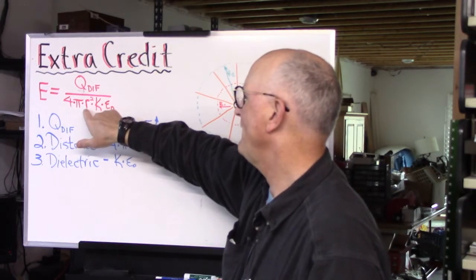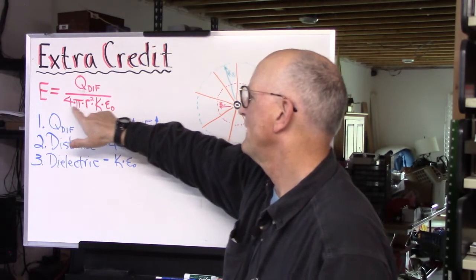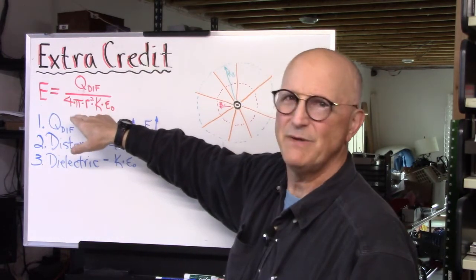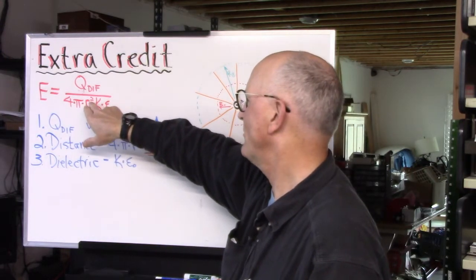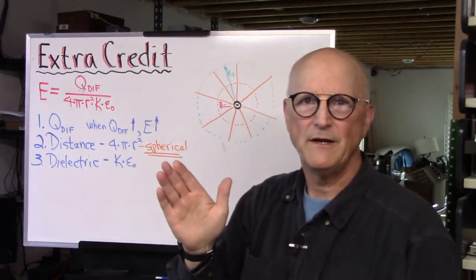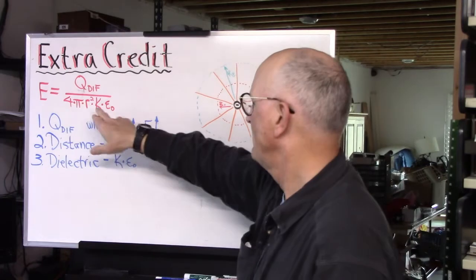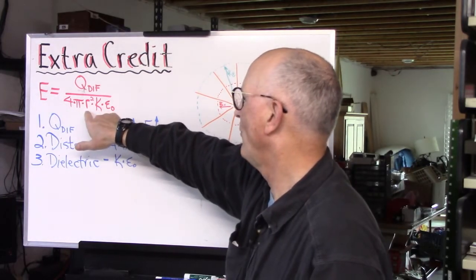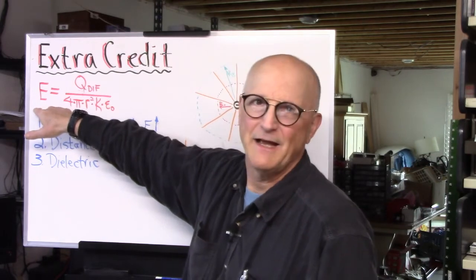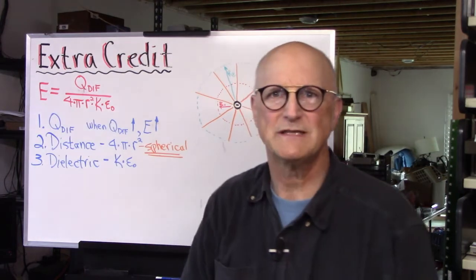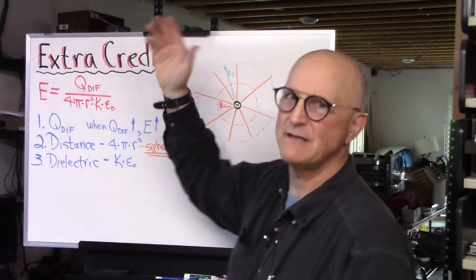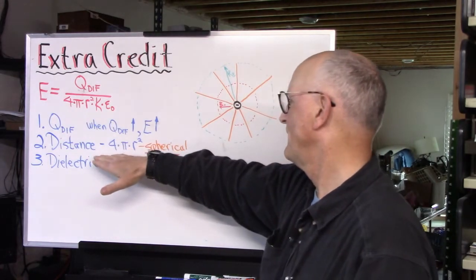That means when this gets bigger, this gets smaller. But it doesn't just get bigger, notice that it's squared. So if we go from 1 to 2, because this is squared, we have a 1, and then it becomes a 4. So the E field goes down by a factor of 4. It becomes 1/4 by doubling the distance.